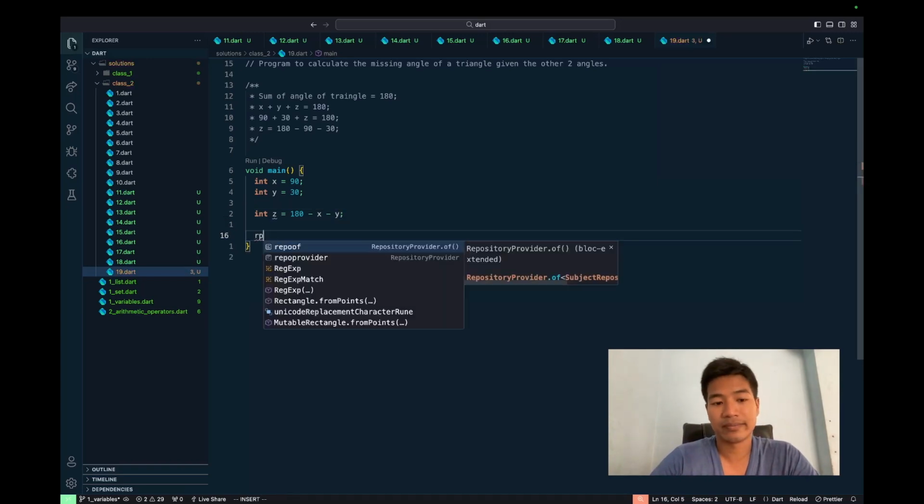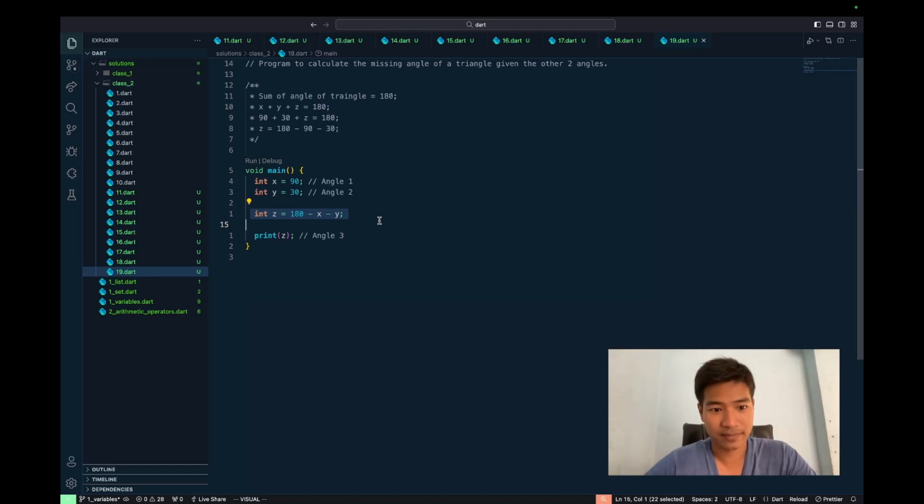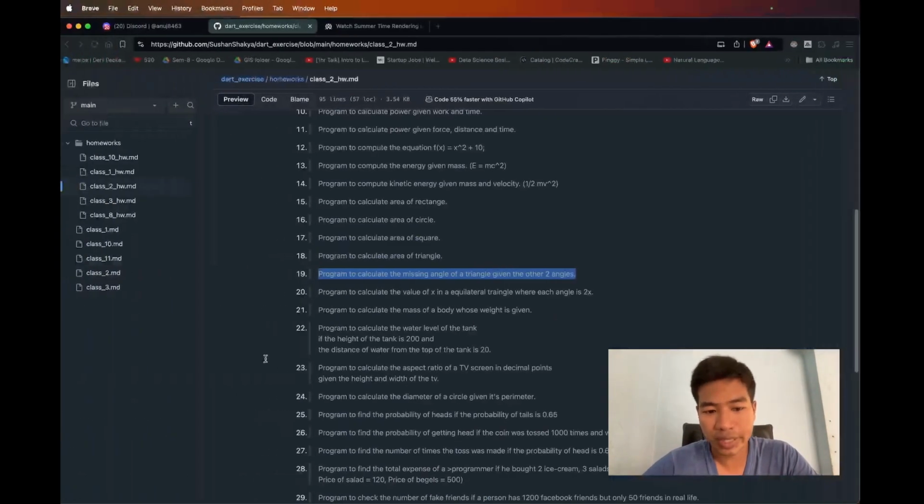So z goes to angle 3, x goes to angle 1, y goes to angle 2. Notice the main logic here is literally thought out. That was 19, moving on to 20.